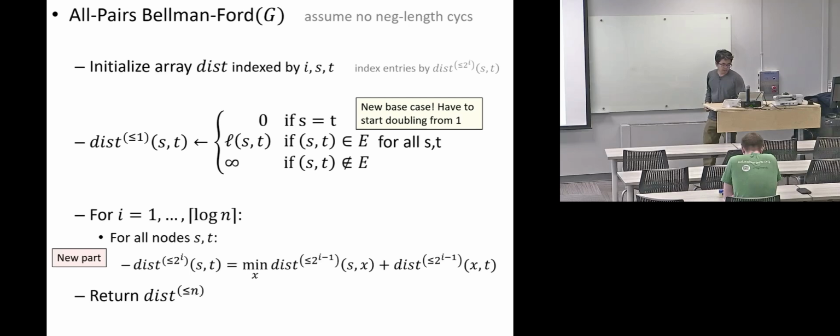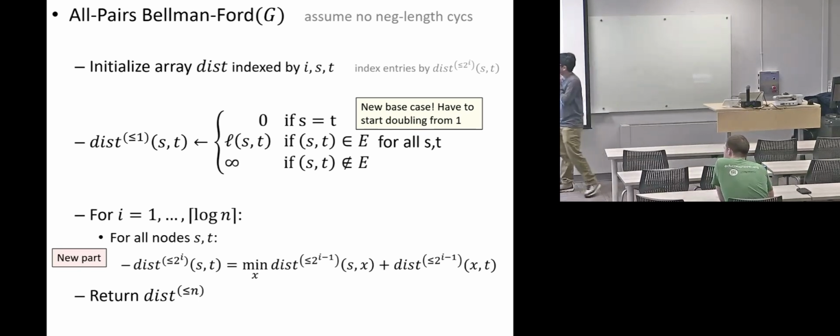And note that now I just need to compute distances that use at most 2 to the i hops, with i ranging from 1 to log n, and do this for every s and t. And how to compute this? Just use our recursive formula.